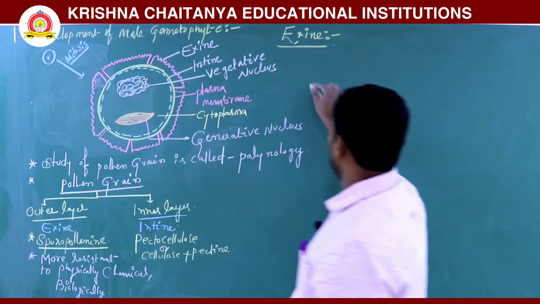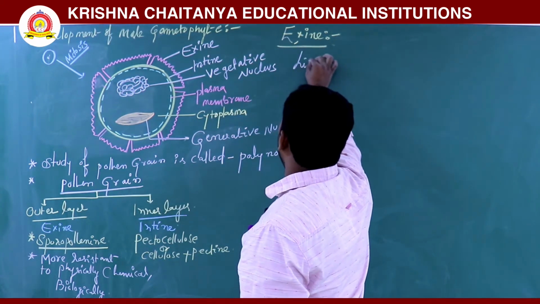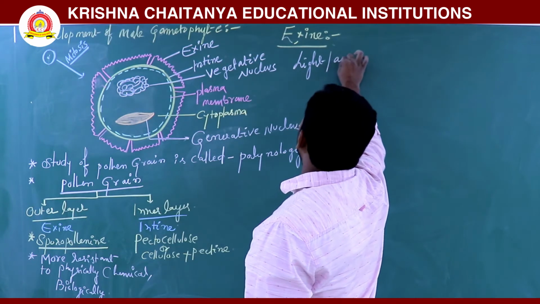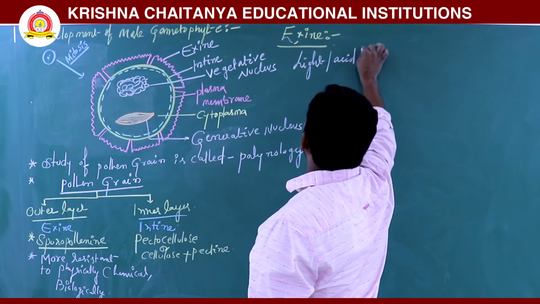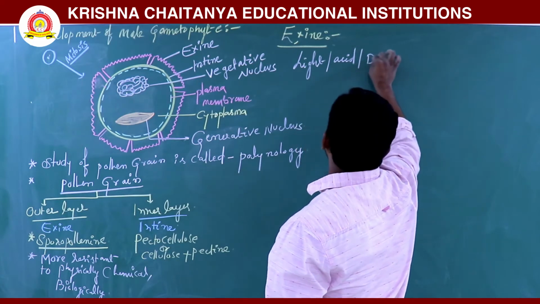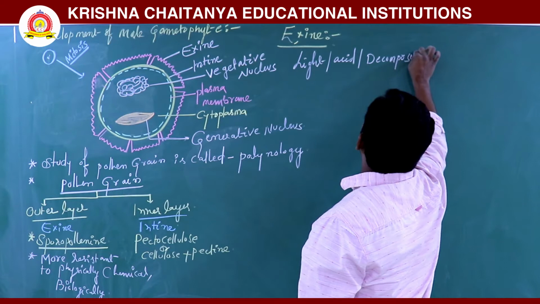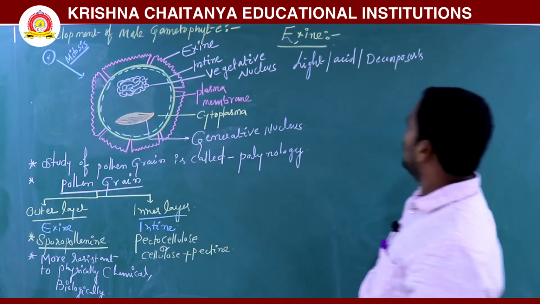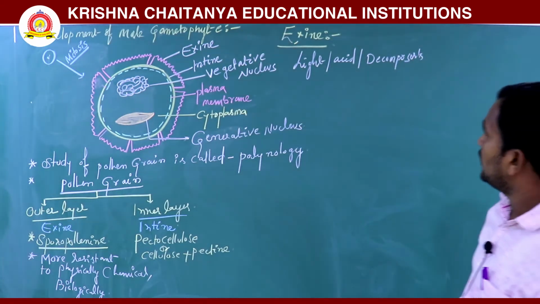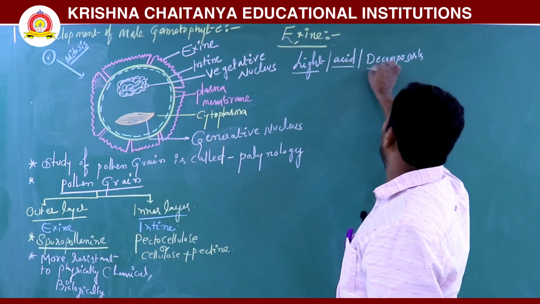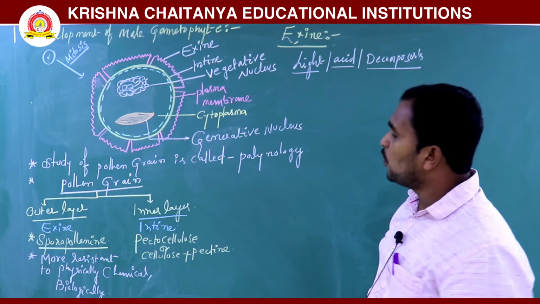That means when light is more, and also if acids are there, and also decomposers. Physically, chemically or biologically it is more resistant.